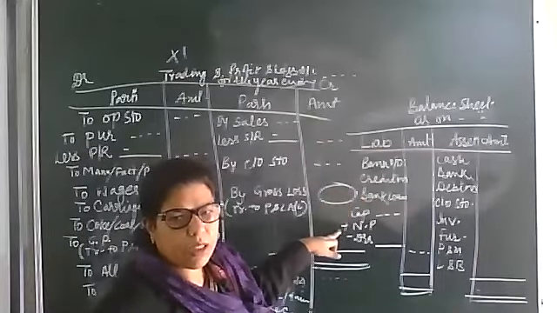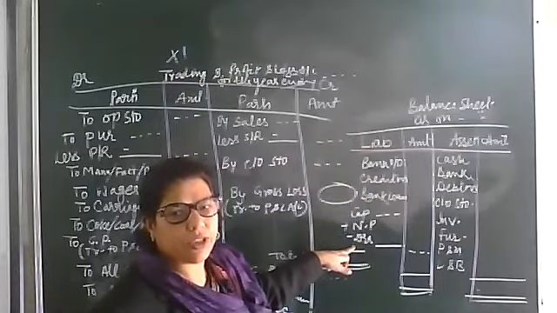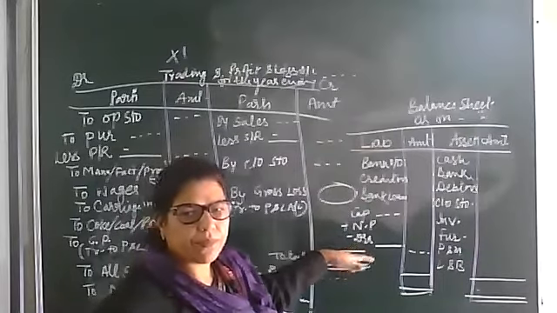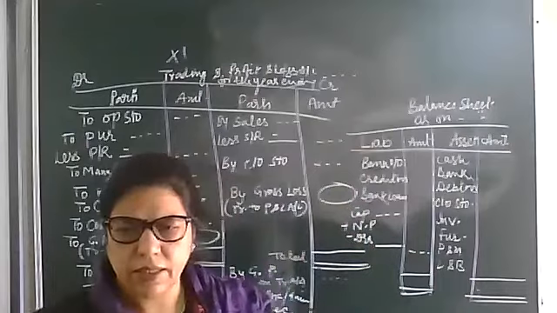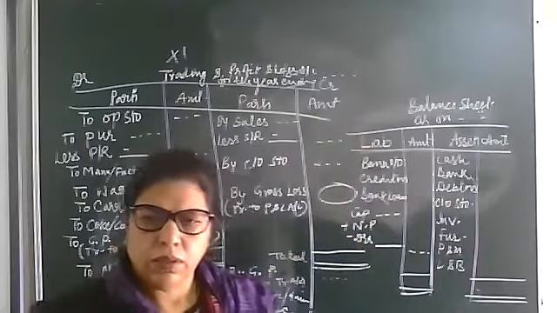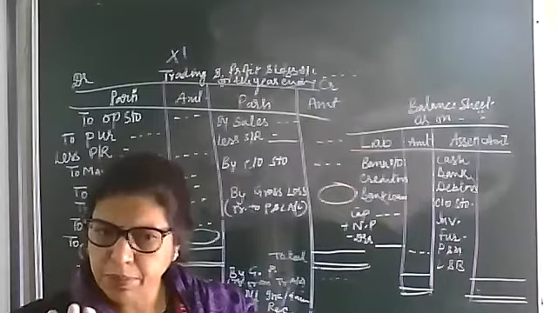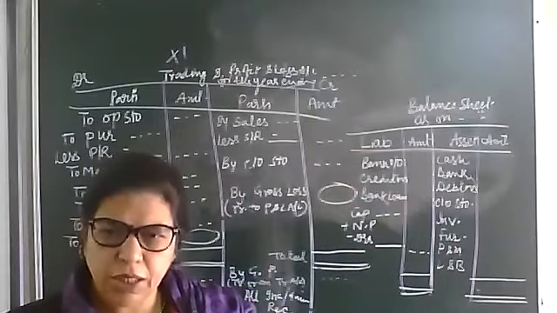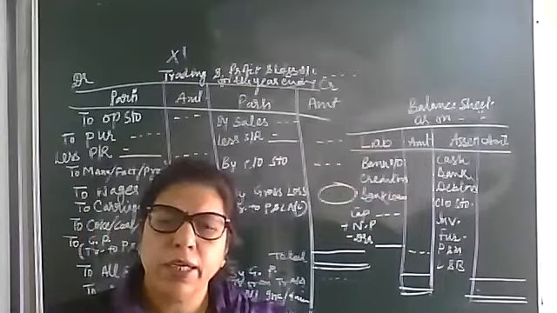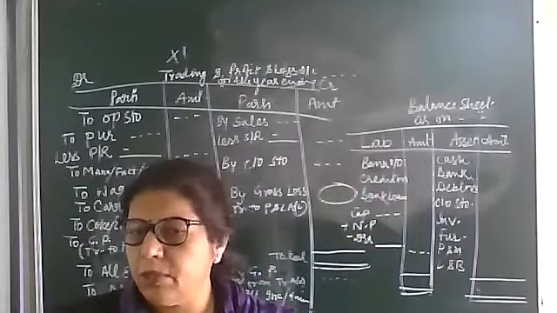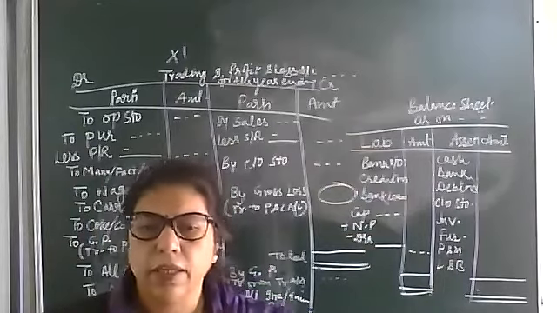Capital plus net profit minus drawings, and assets that side. You never write to or by in the balance sheet. Please be careful. Don't write debit and credit in the balance sheet. Why?